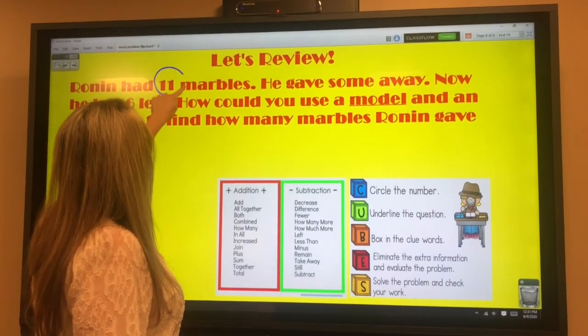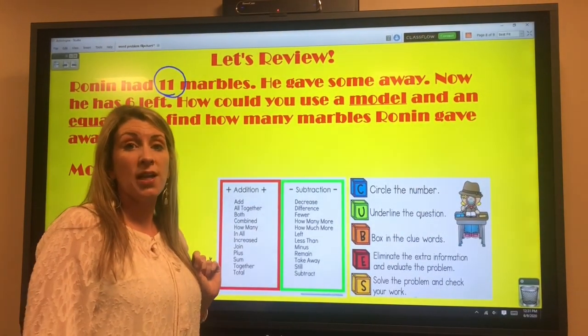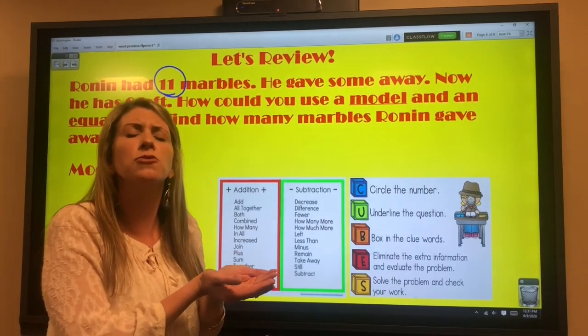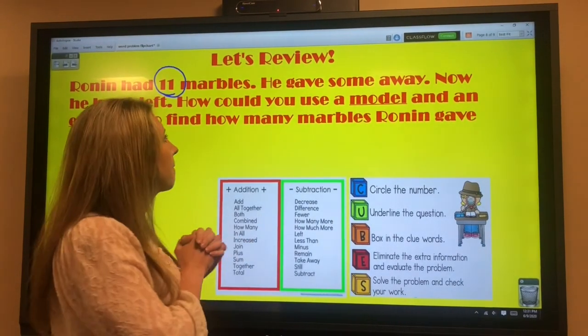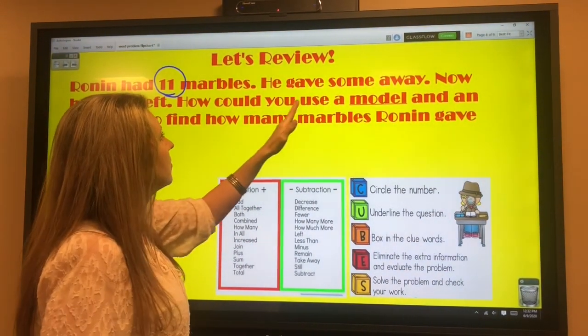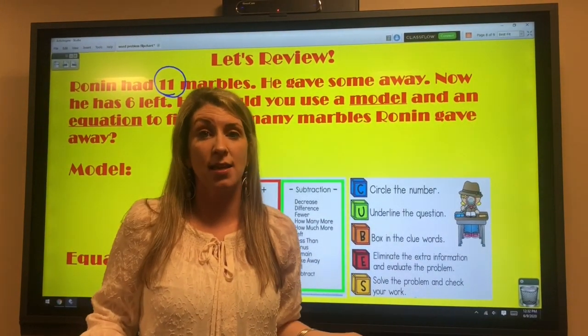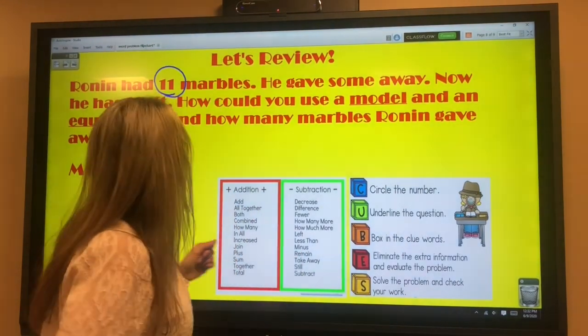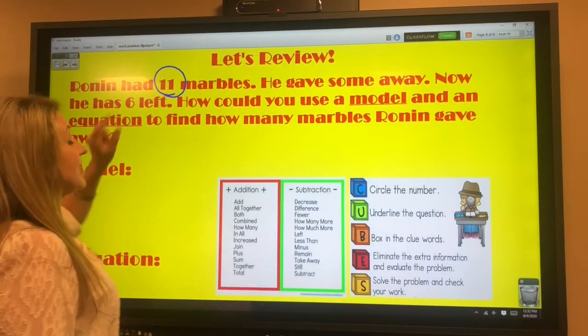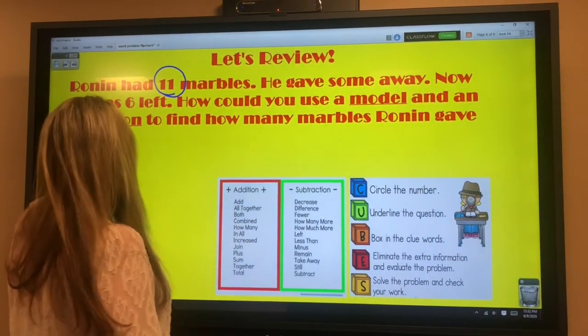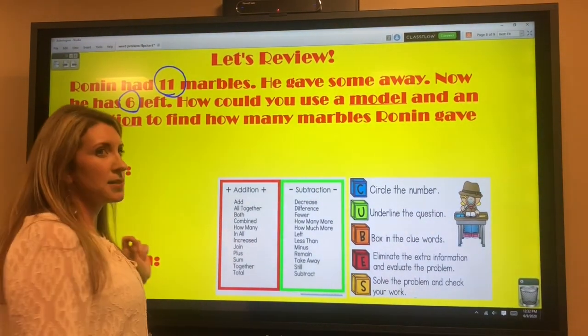I see the number 11 is important. That tells us how many marbles Ronan had at the beginning. He gave some away. Even though that's important, it doesn't give me any numbers. So let's keep reading. Now he has 6 left. The number 6 is important.